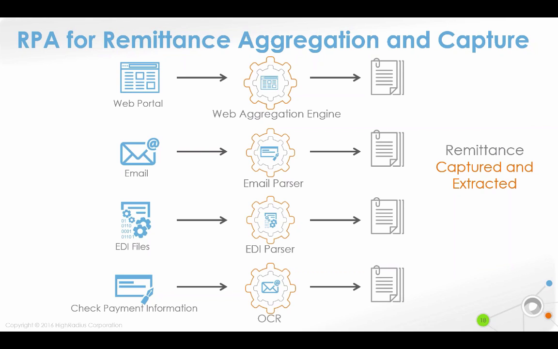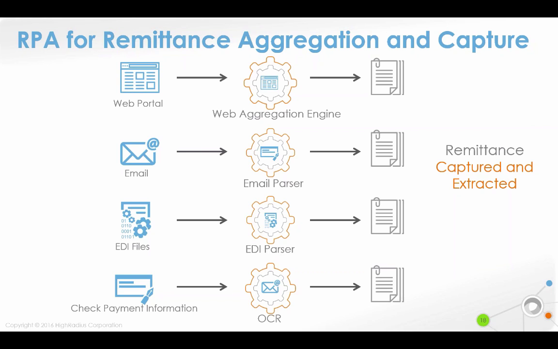If the information resides on a customer portal, well, normally an analyst or the team members would have to go in on the internet, they'd have to log into that web portal, then they would have to browse through the portal to get to where that exact information and remittance is. What the web aggregation engine is able to do, it's able to extract that information from the web portal automatically.